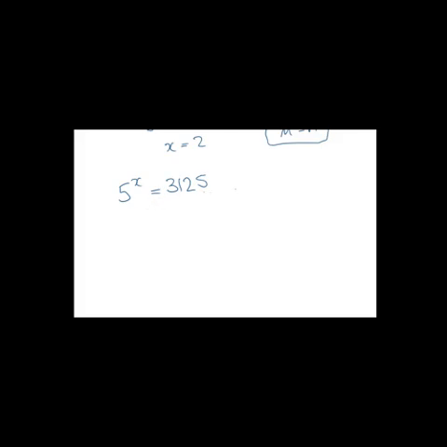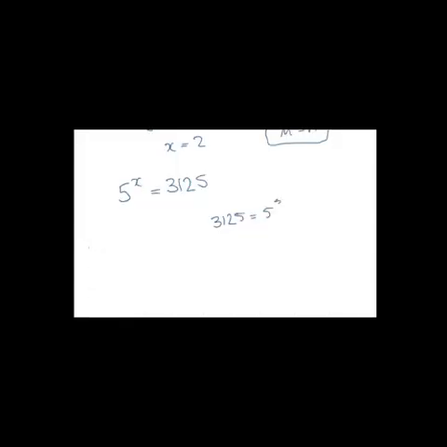But let's not use the calculator. I'm going to say this is actually really, really easy. So I'm going to say 3,125 is equal to 5 to the power of what? What would need to go up here to equal 3,125? And I'm going to bring up my table here.